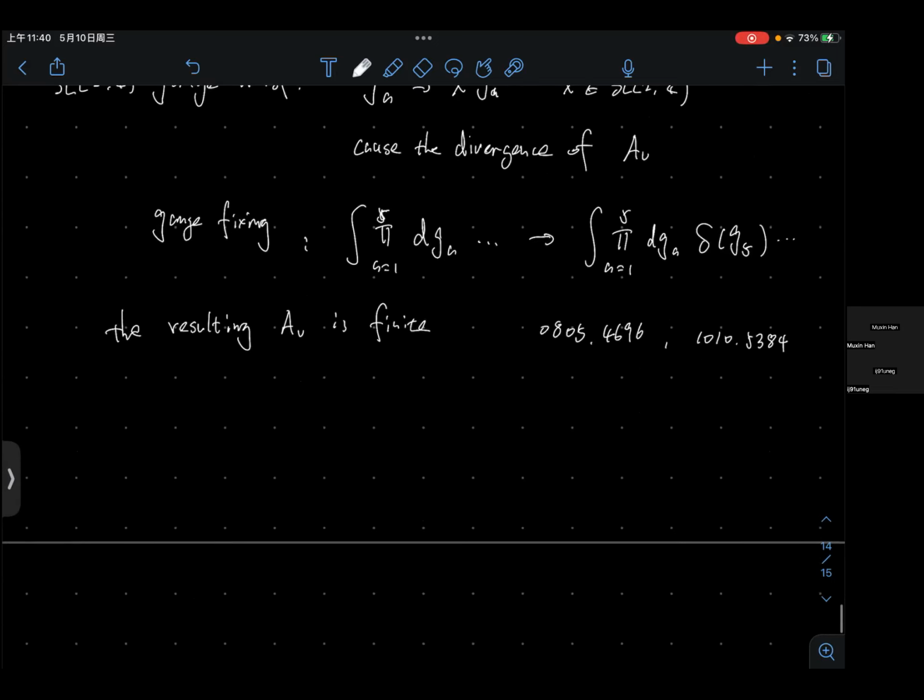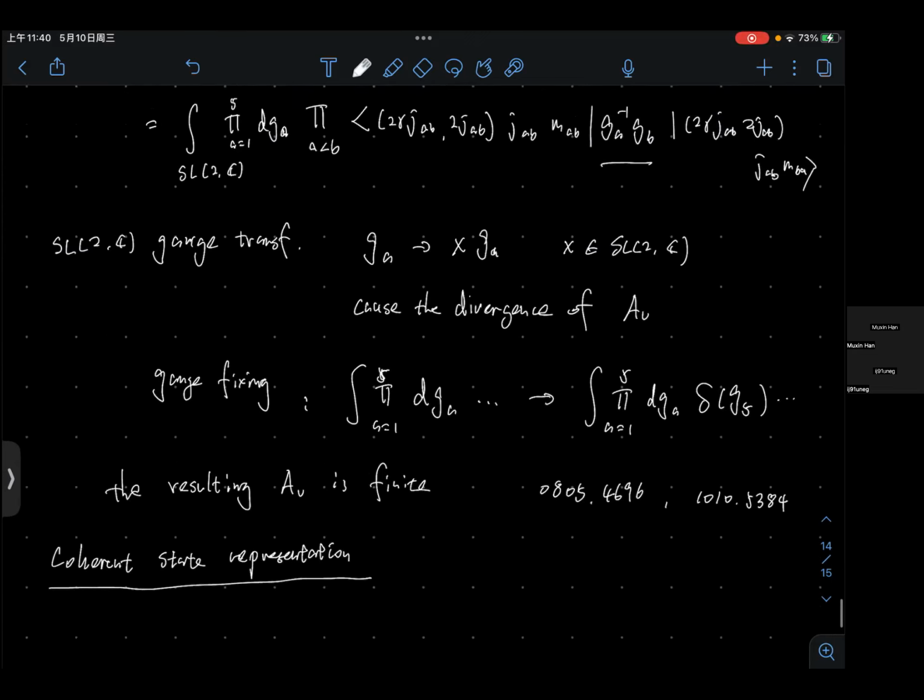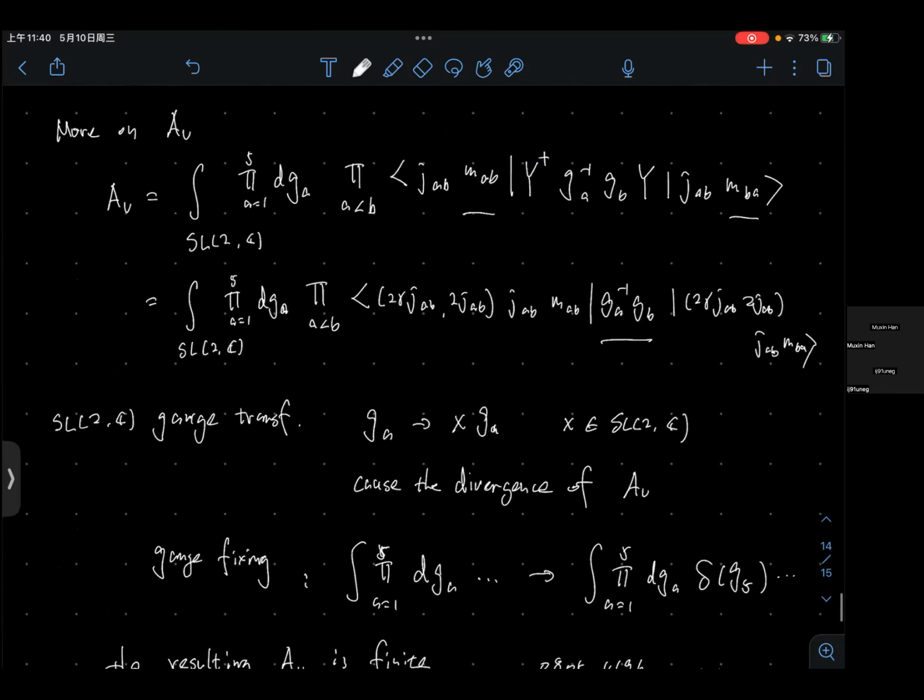The next thing I think I should talk a little bit about is the coherent state representation of the vertex amplitude. And why this is helpful: here the formula of the amplitude is already quite explicit, but it's still written in terms of some abstract inner product of SL2C irreducible representations.